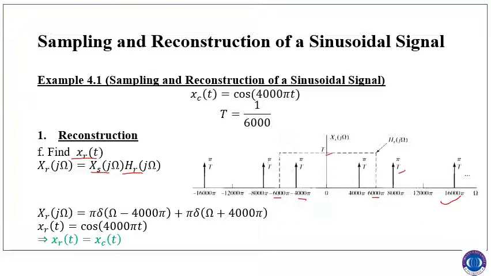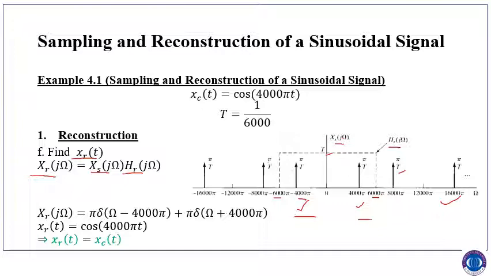So if we apply this filter on this signal, we will get the recovered signal, which is xr j omega. We can see that if we apply this filter, only this impulse and this impulse will come, which is delta of omega minus 4000 pi, this one, and then plus delta of omega plus 4000 pi, which is this one, and the area under the curve of each impulse will be pi because the filter gain is t.